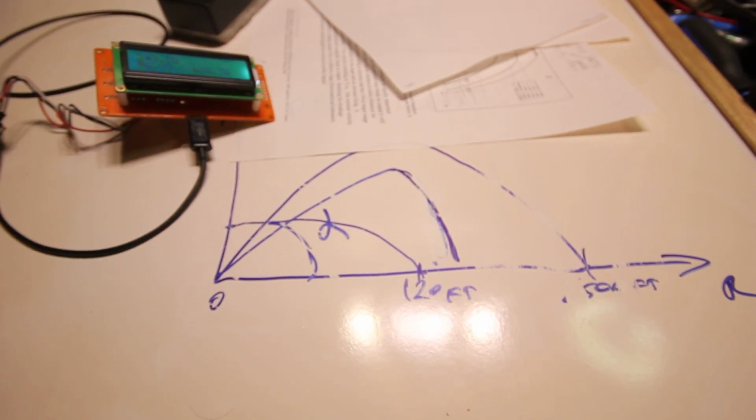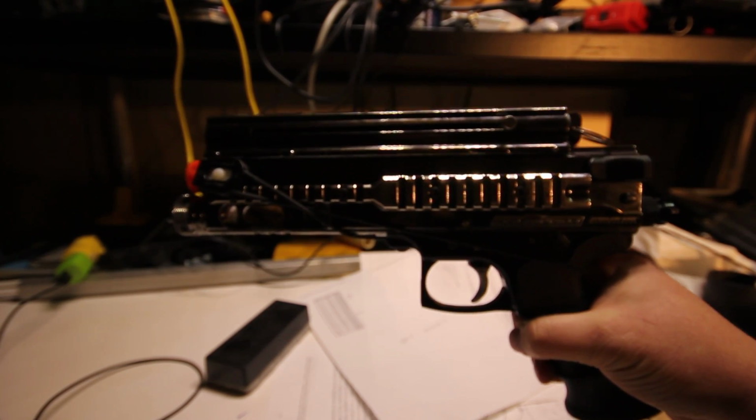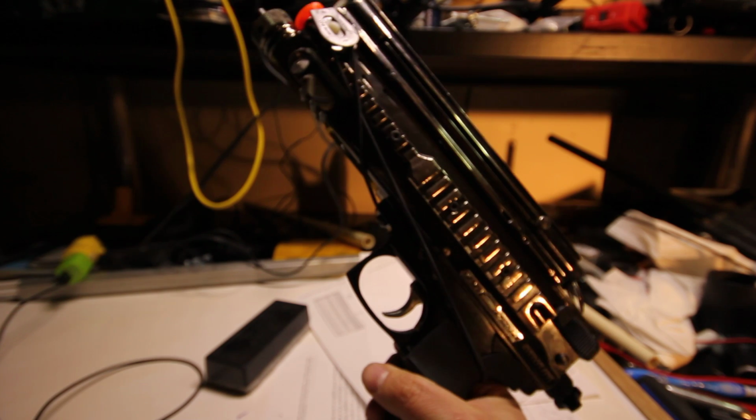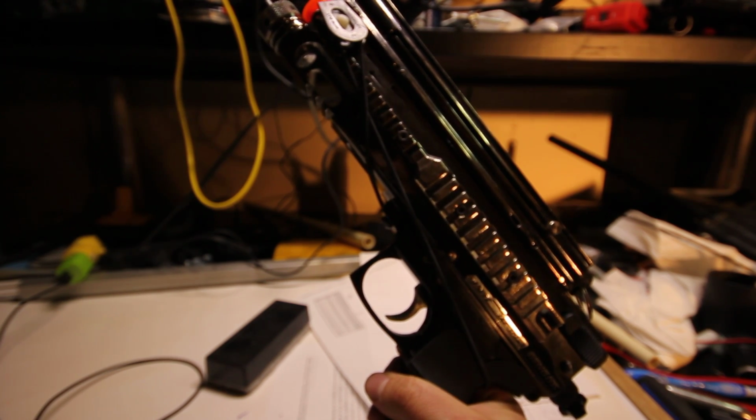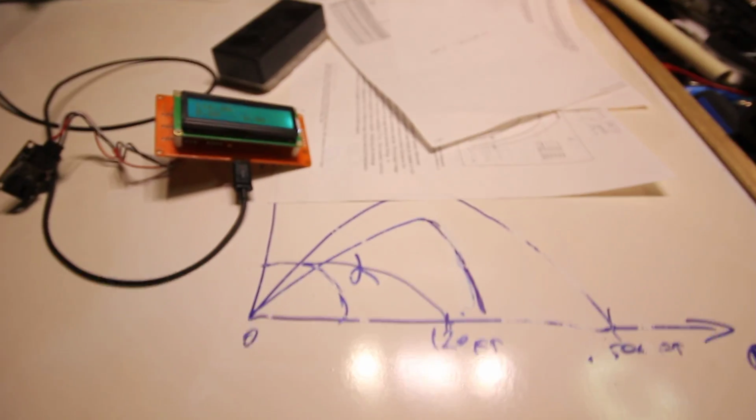So what that means is, if you were to fire your paintball gun at this angle, 5 feet off the ground, or at this angle, 5 feet off the ground, the paintball will land roughly in the same spot. Now, the velocity with which it'll land will be different.